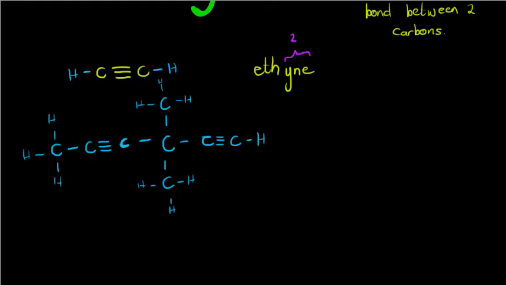Okay, so what you should realize is that the moment there is a triple bond, that is called -yne. Okay, some sort of alkyne. So now we just need to count what is the longest chain that contains all of the triple bonds, which is 1, 2, 3, 4, 5, 6.